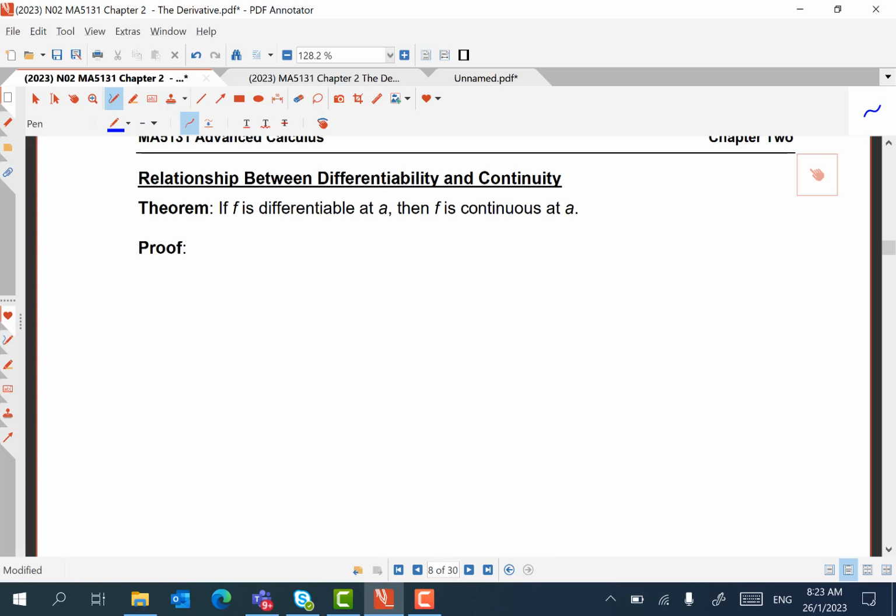If f is differentiable, which means this limit exists, and this means what? This means limit as x tends towards a of f(x). So when you say f is differentiable at a, it means this one exists.